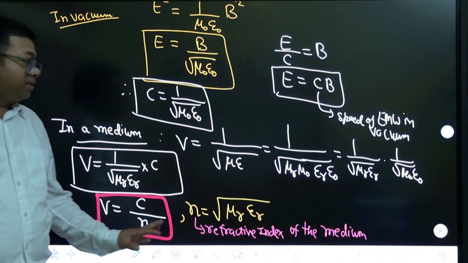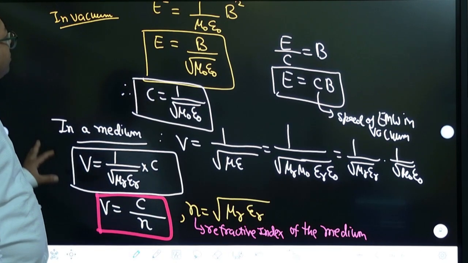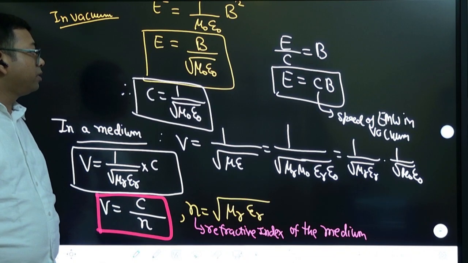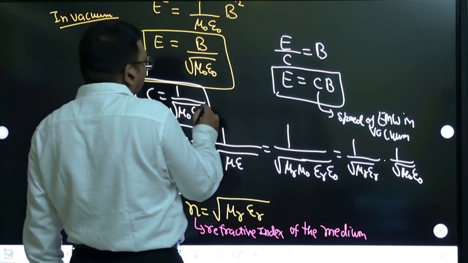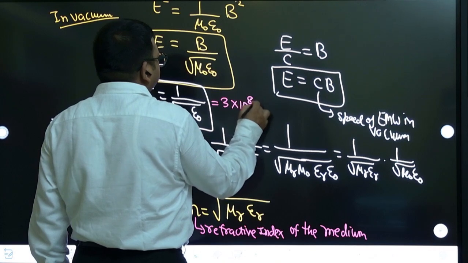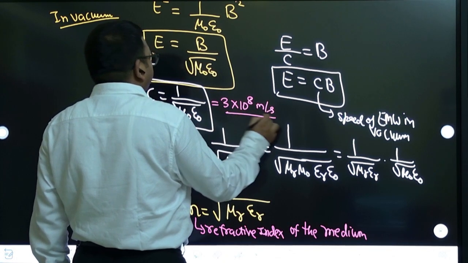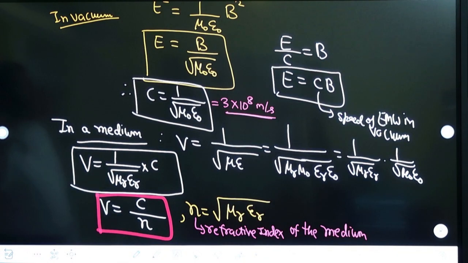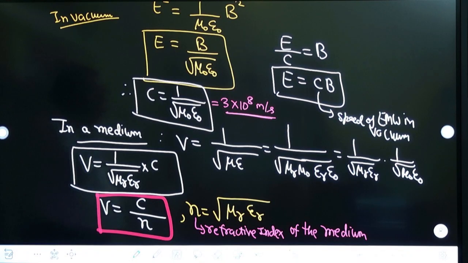Done. So we have derived that formula also. This is 1 by root under mu naught epsilon naught, which is nearly 3 into 10 to the power 8 meter per second, the speed of light in vacuum.